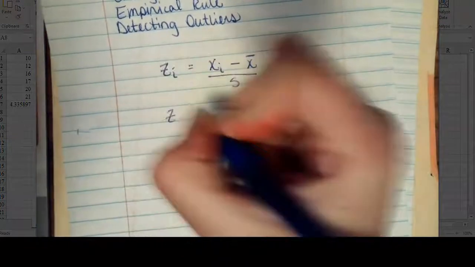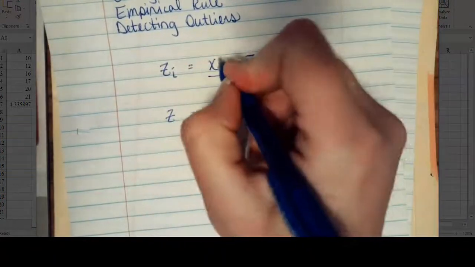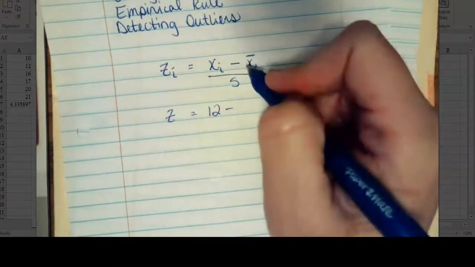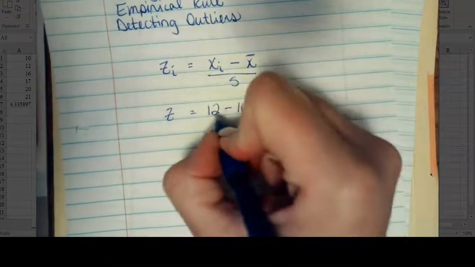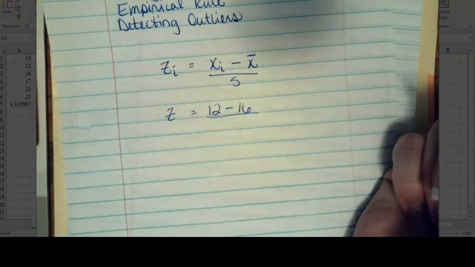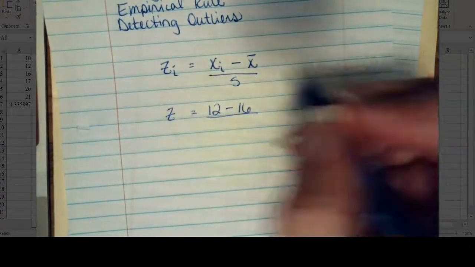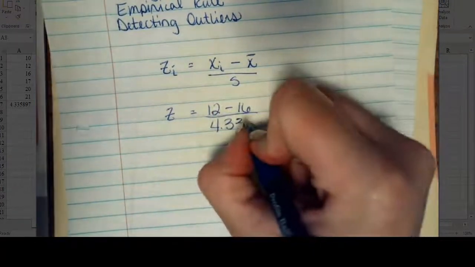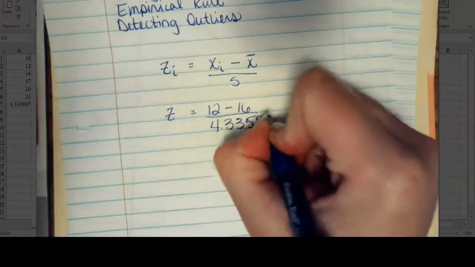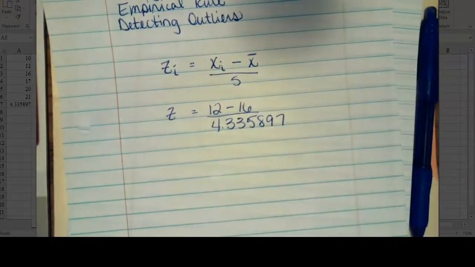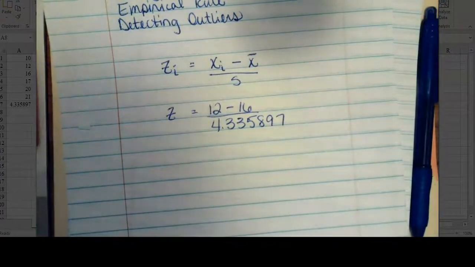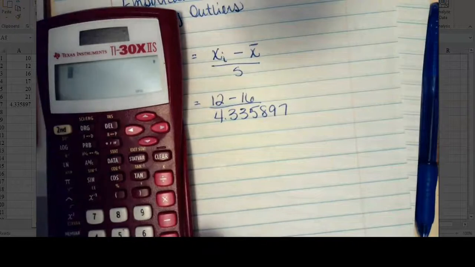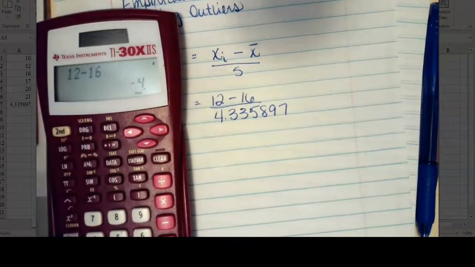So my z-score is going to be the data point, which is 12, minus the mean, which was 16. We found that out in the last section, divided by the sample standard deviation, which is 4.335897. So we'll have a negative z-score, because 12 minus 16 is negative 4.